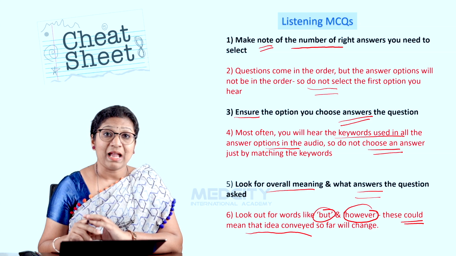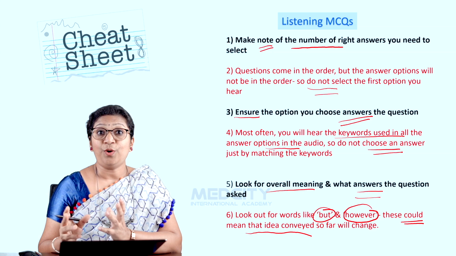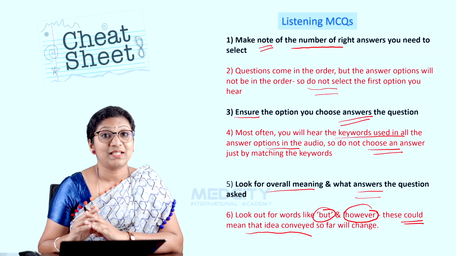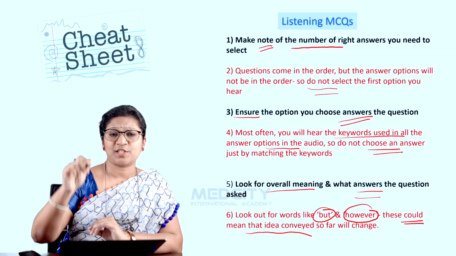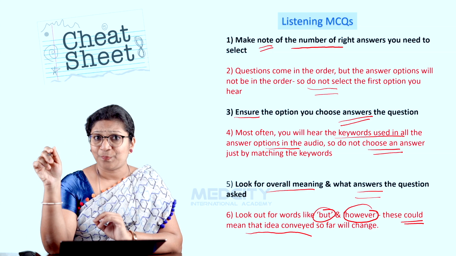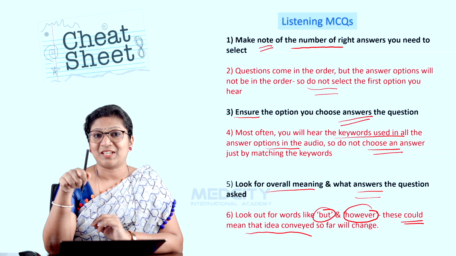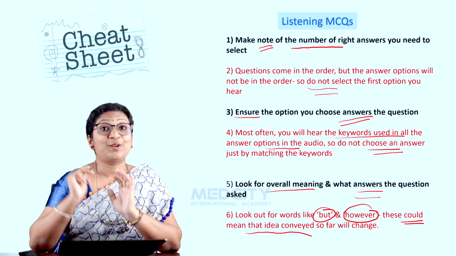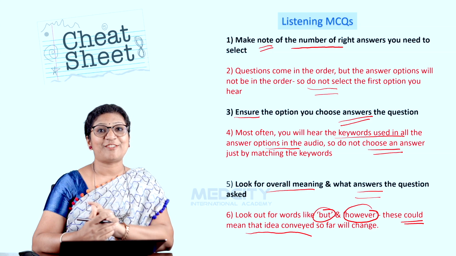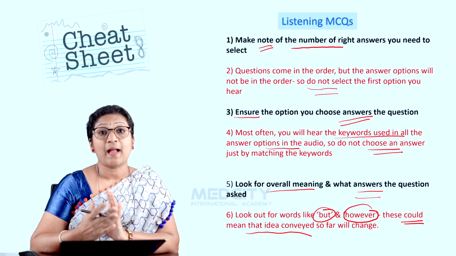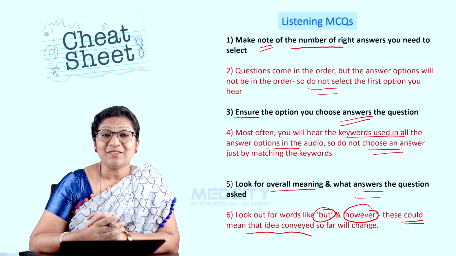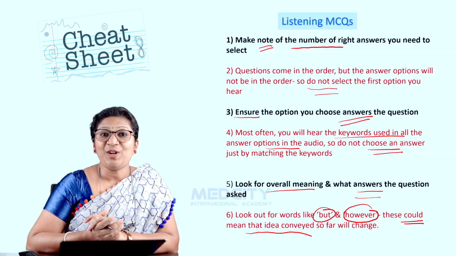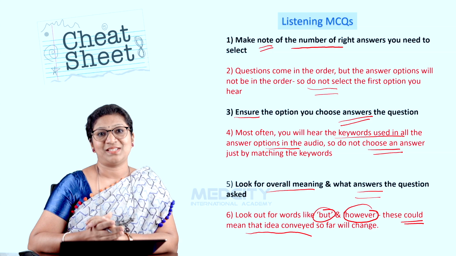For instance, I say something like, crows are the most intelligent birds, and then you decide, okay, the most intelligent out of the list of birds is a crow. But immediately after, if it says but, which means wait, the crow is not the right answer, so you listen further. It might say something like, but that was believed until the research was done on kiwis, and now we know that kiwis are the most intelligent.